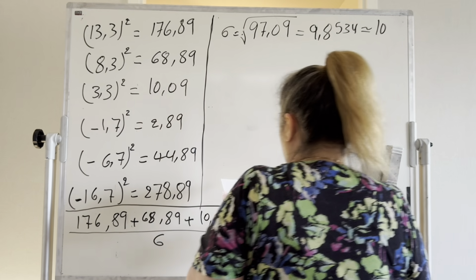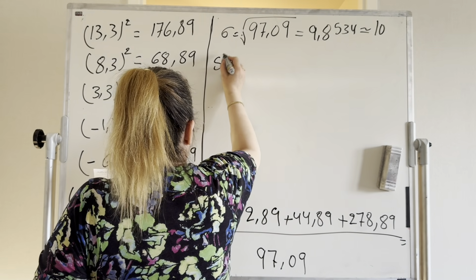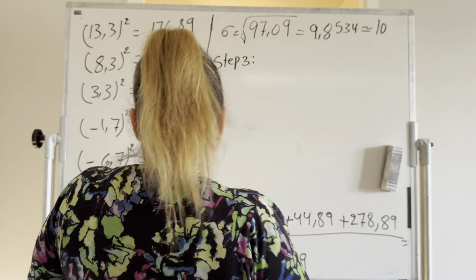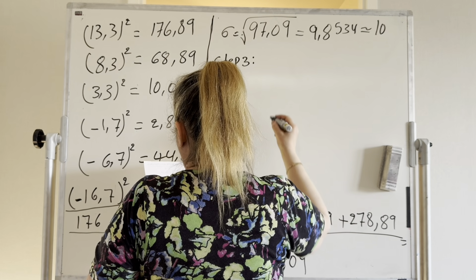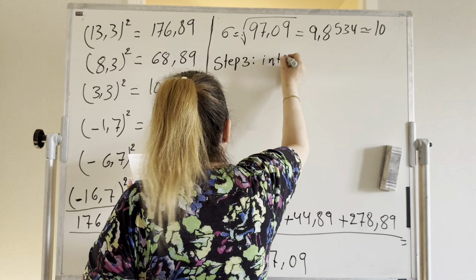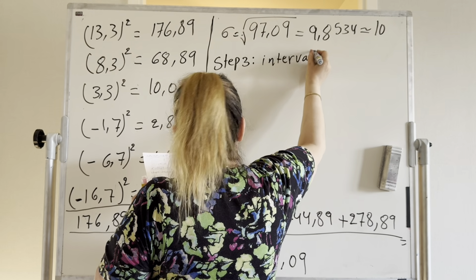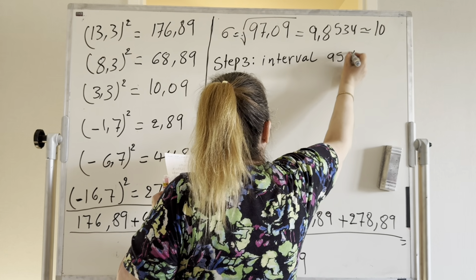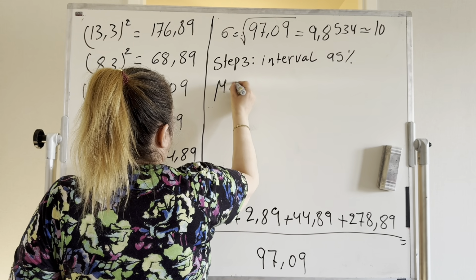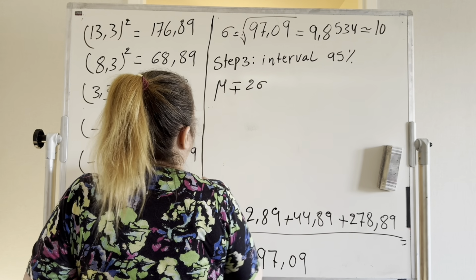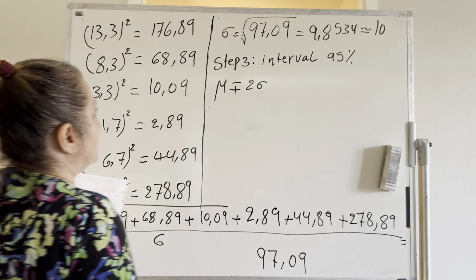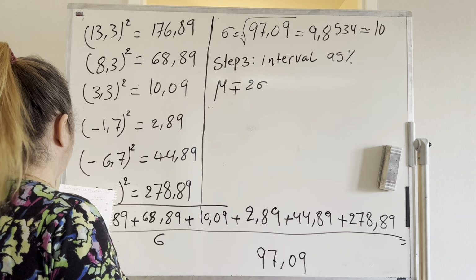Step 3. Interval 95%: mu plus minus 2 sigma, because I have interval 95%.